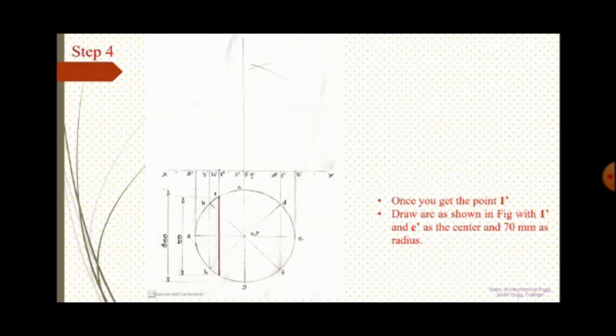Once you get the point 1 dash, with 1 dash as the center, you draw an arc of radius 70 mm. So you will get one arc. Similarly, you draw another arc of 70 mm with E dash as the center. So these two arcs will meet at a point which is shown in the figure.